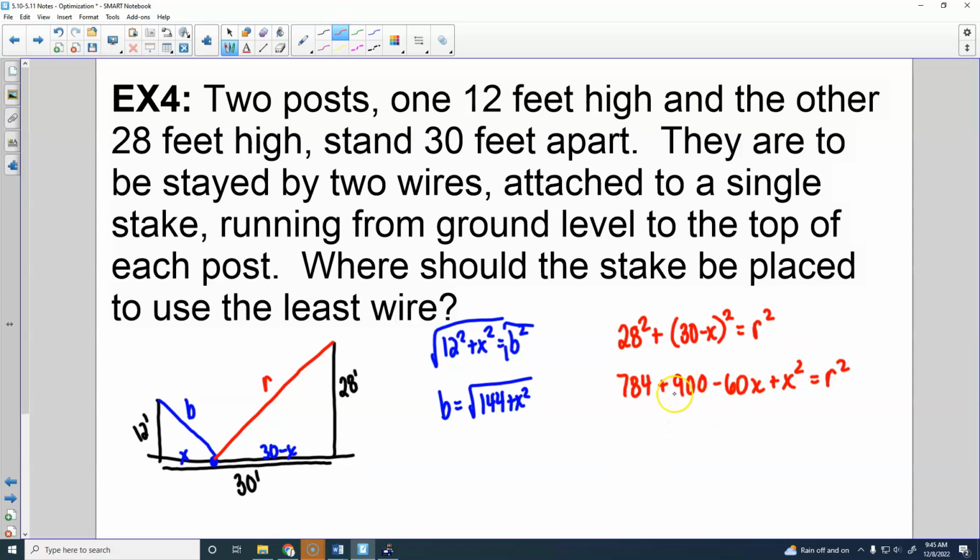So we'll put these two together. We'd get 1684 minus 60x plus x squared would equal r squared, and we could square root both sides there. So r is square root of 1684 minus 60x plus x squared. So that would be the length of our red wire.